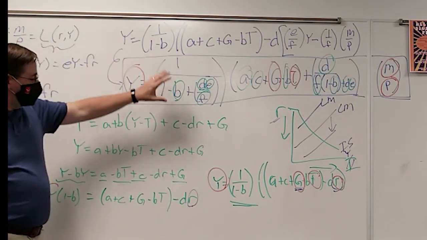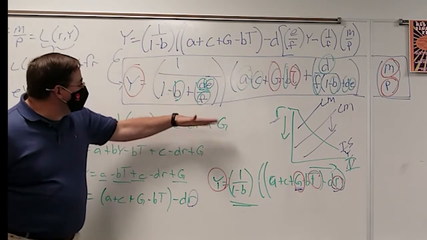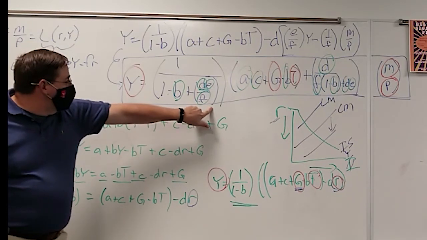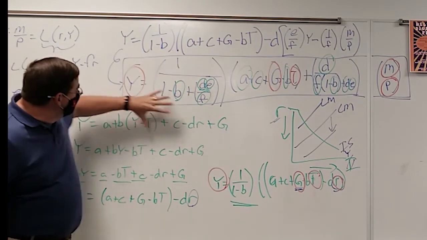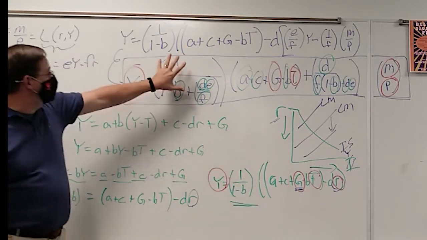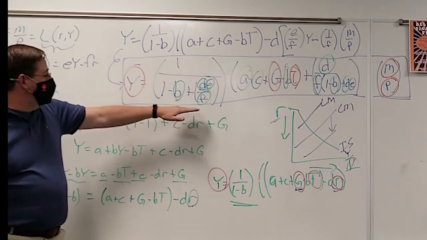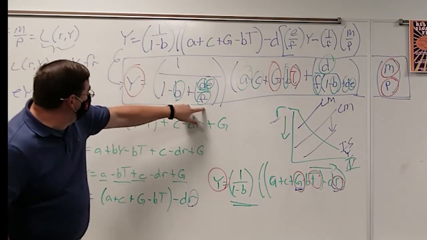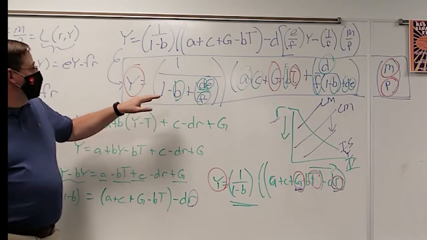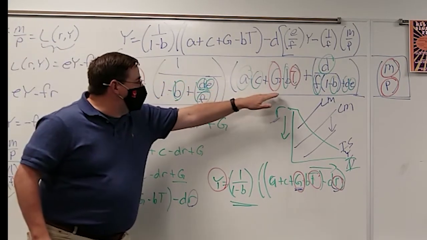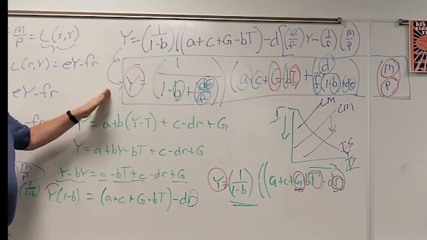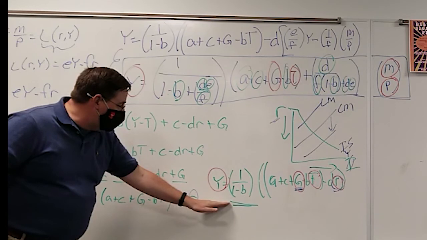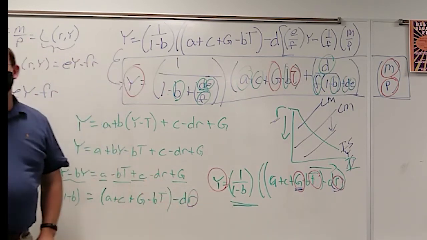This term has the same stuff in it as this term, plus a bunch of other stuff. This term makes the denominator of this term, relative to this term, bigger. When this portion of the denominator is bigger, it means that the multiplier is less effective on the aggregate demand curve than it is on the IS curve.